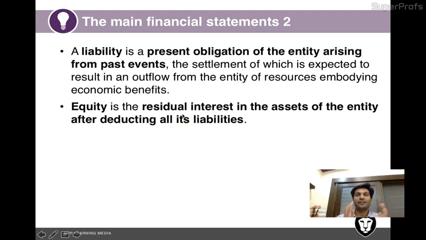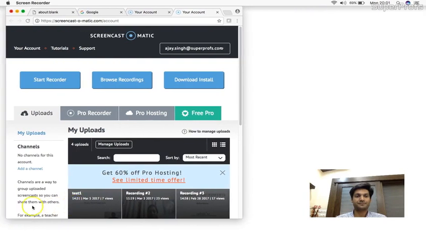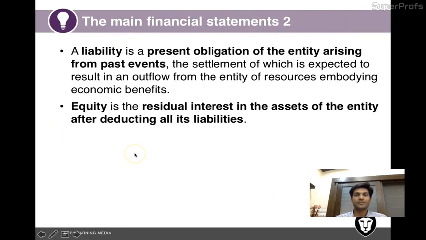So if the asset is of $100 and the liability is $80, whatever remains after selling the assets and repaying the liability, that is known as equity. Okay, so remember this very, very important concept.